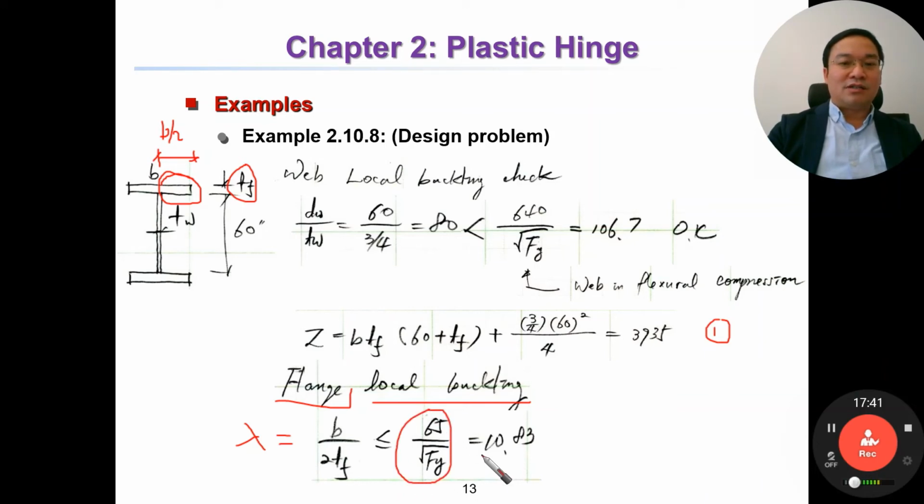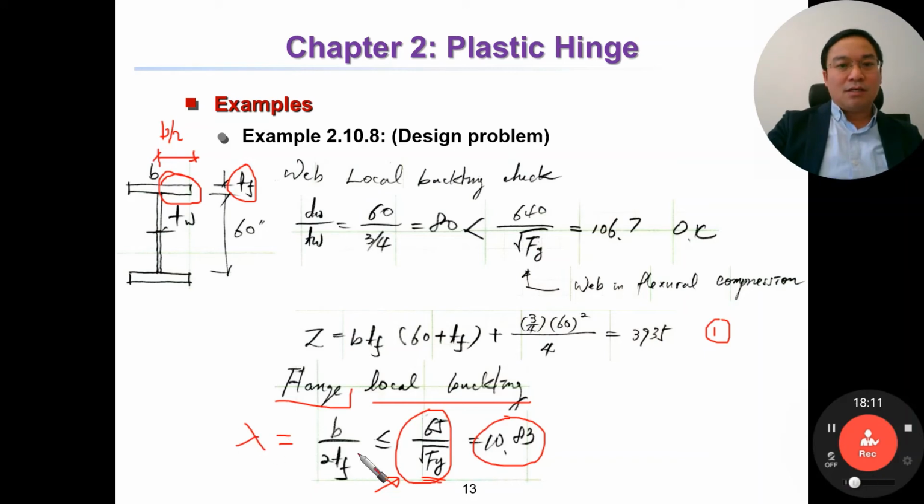This one is for the non-compact section of the I section, of the flange. And you can check this value also in the table 2.1 in the textbook. And this ratio equal to this one. We use 36 steel.